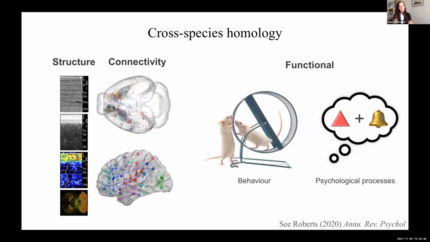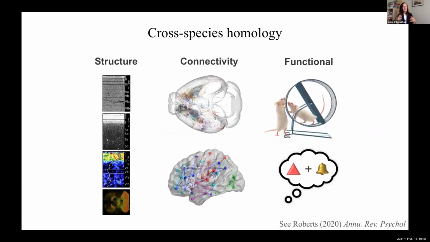So thinking about the fundamental processes that a region or circuitry gives rise to, and how that then shapes behaviour and psychological processes. With the idea being that when we can weave together these ideas of analysis, we can gain really important insights so we can translate things from animal into human, and also back translate from human back to animals.